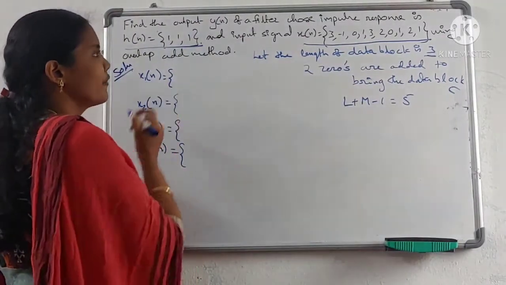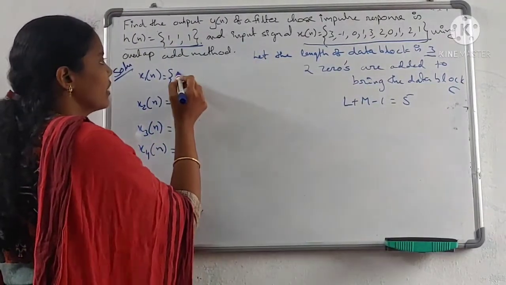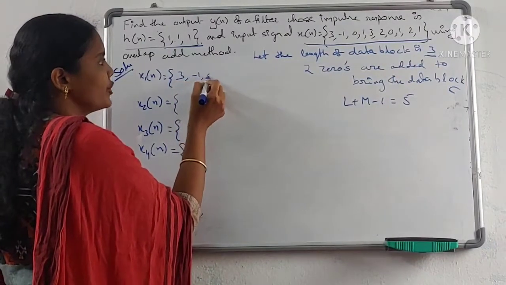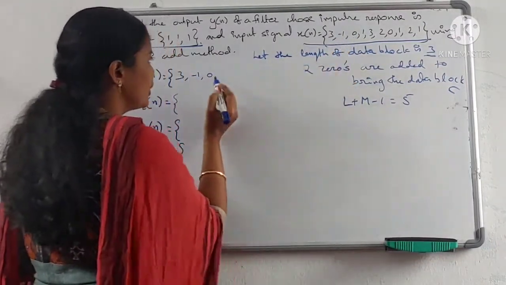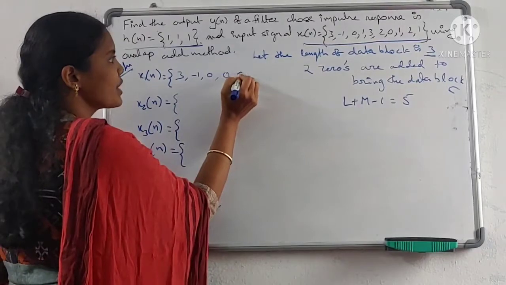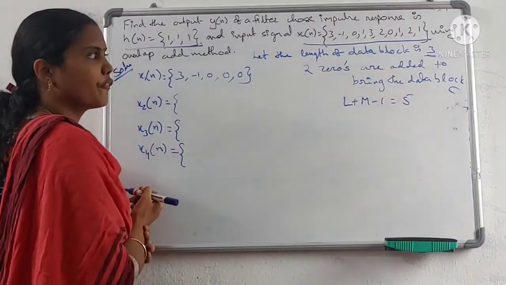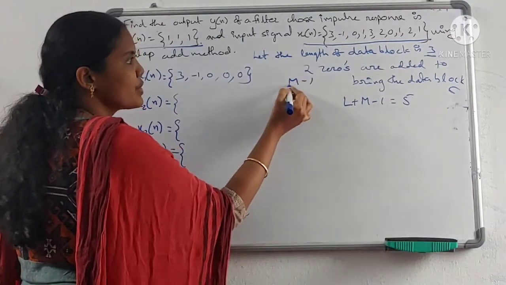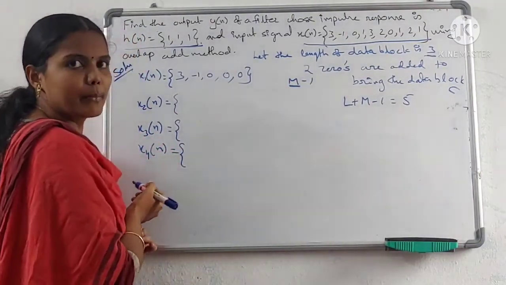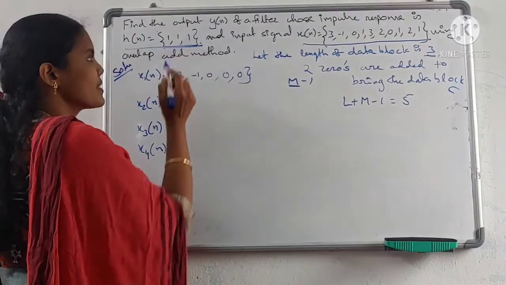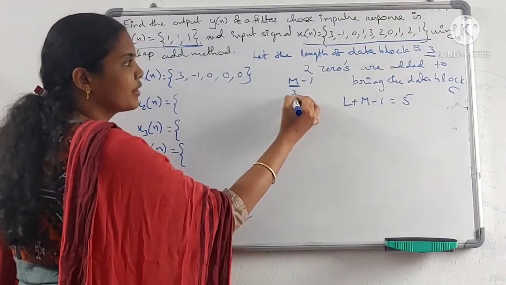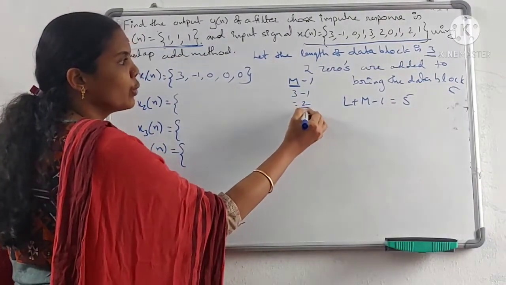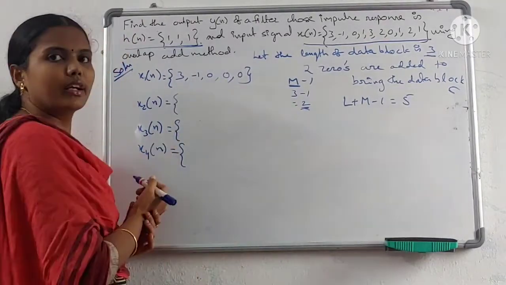Now x1 of n is 3, minus 1, 0, and add 2 zeros. How many zeros do you have to add? M minus 1 zeros, where M is the length of the impulse response, which is 3. 3 minus 1 is 2, so you have to add 2 zeros to each block.